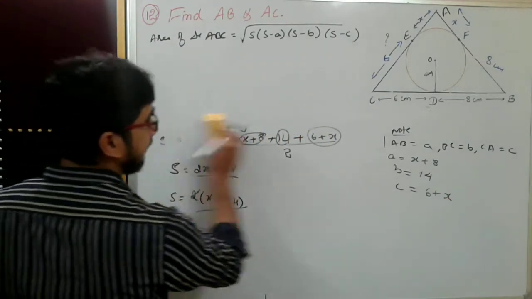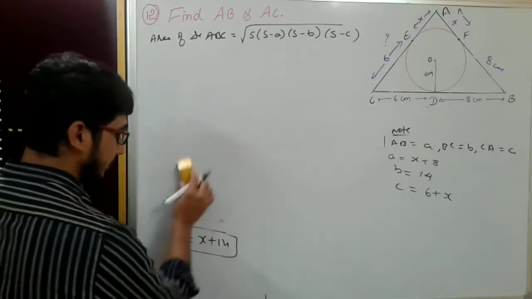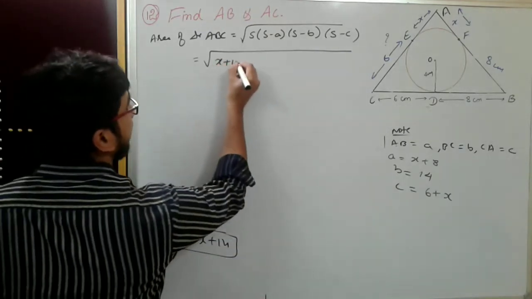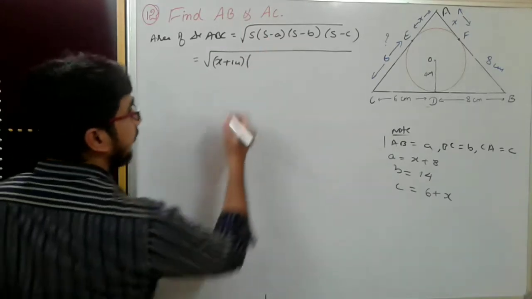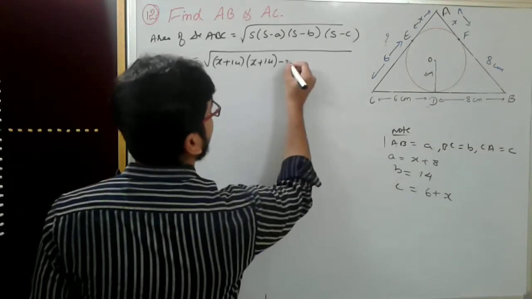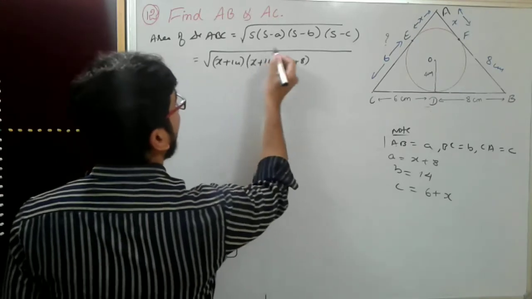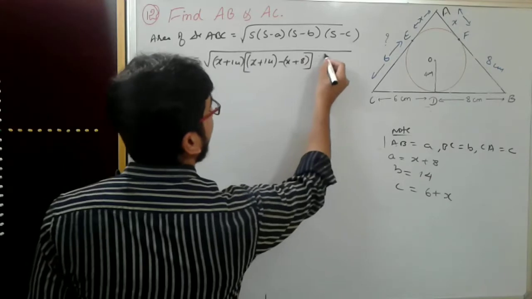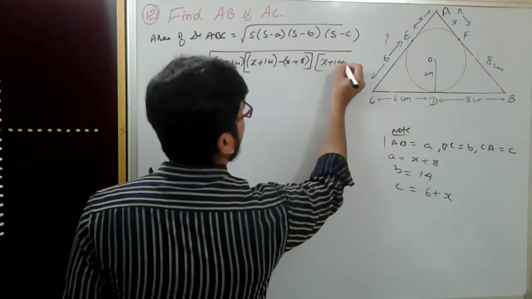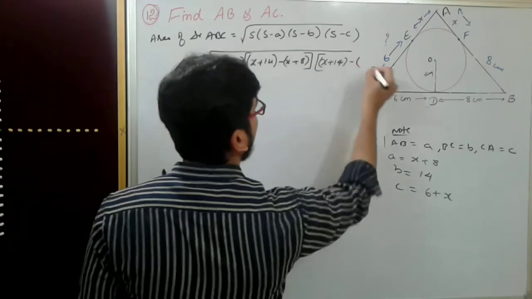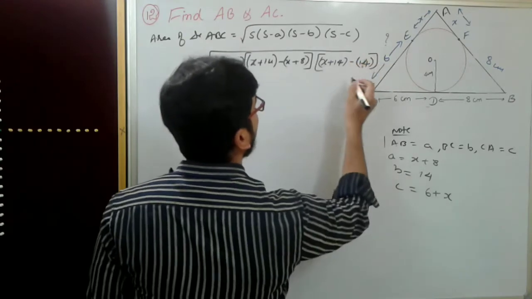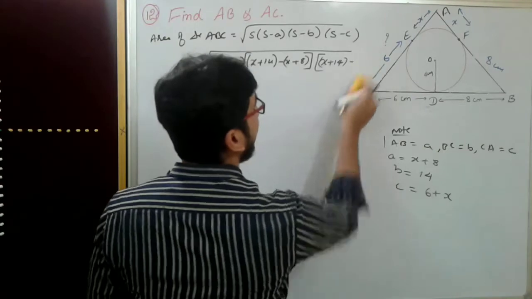Let us go ahead. So what will be there? S means X plus 14, minus A, which is X plus 8, in brackets. Again S is X plus 14, minus B, which is 14.